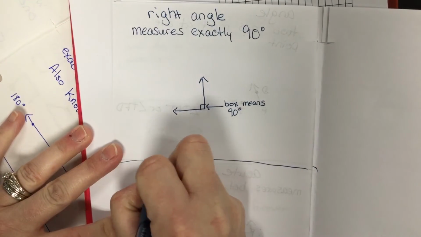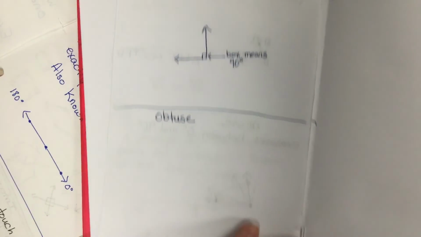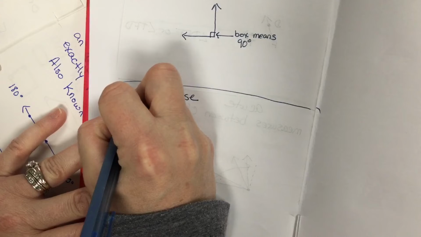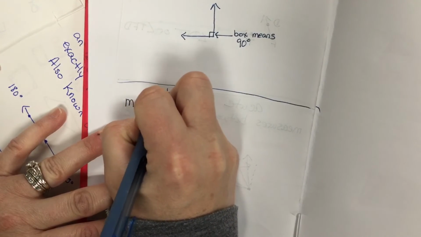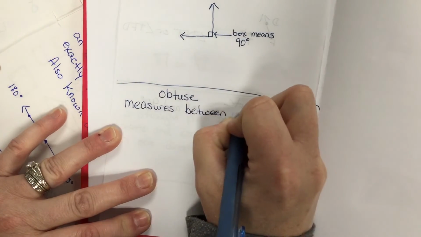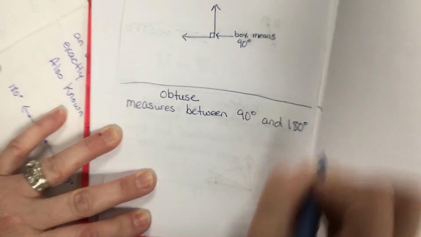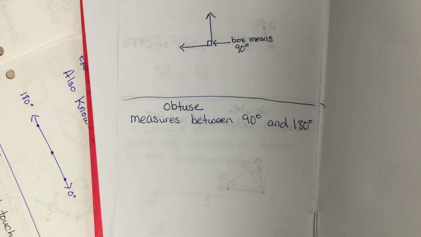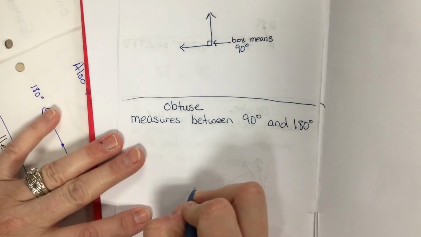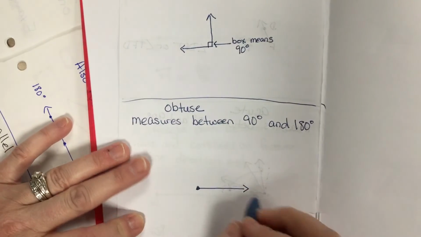Our next one we're going to hit is obtuse. This one measures between 90 degrees and 180 degrees. So I have my solid line. I have my point for one of my rays.